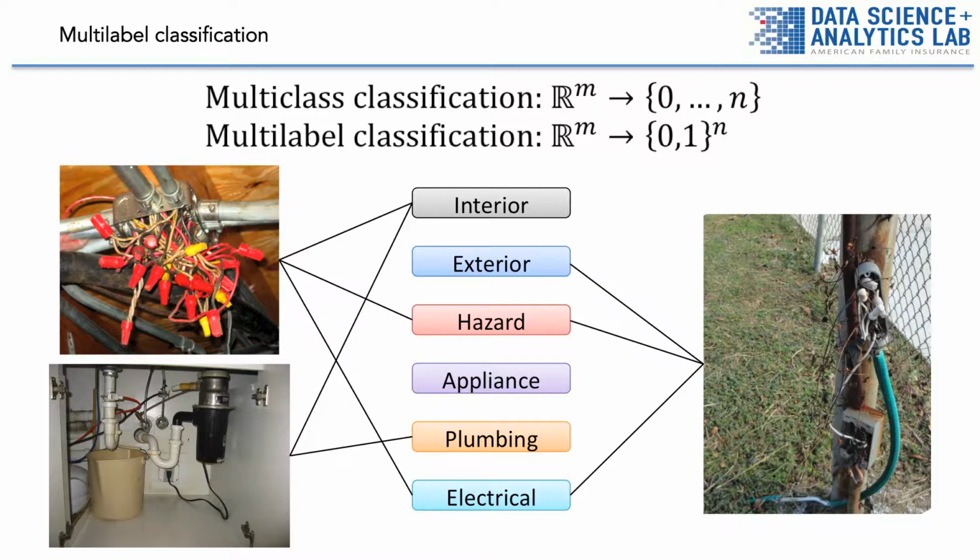One instance may be an issue that is in the interior of the home, represents a hazard, and is electrical. Another may be a plumbing issue in the interior. So we can have multiple attributes for these different types of instances.